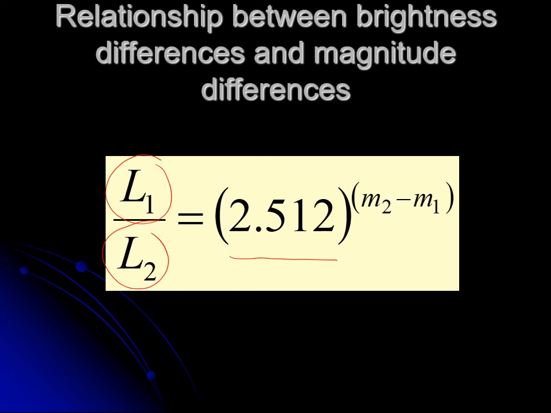You don't need to know what those brightnesses are. You just know the ratio of them. The difference between them is 2.512 raised to the difference in magnitudes. You always take big number minus small number. Students always want to know which one do you subtract from which. Well, the big number, because the exponent has to always be positive. So it'll be whatever is the big number minus whatever is the small number.